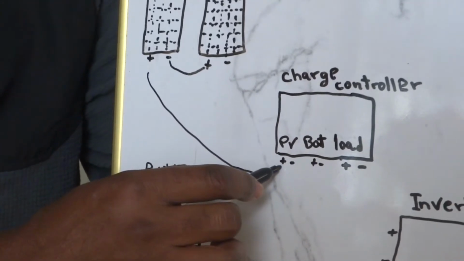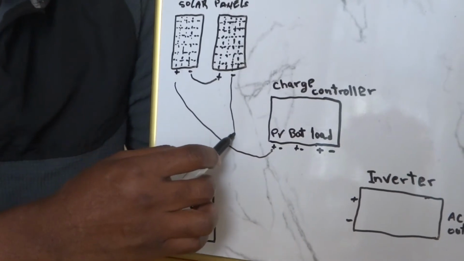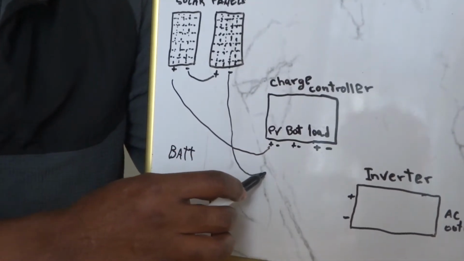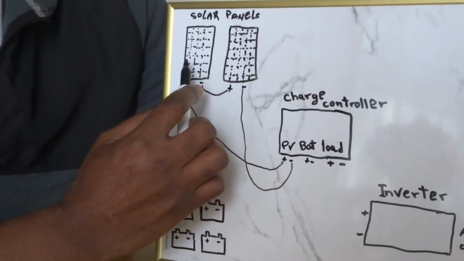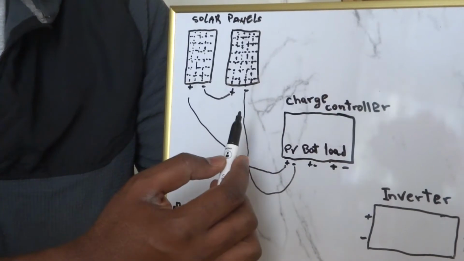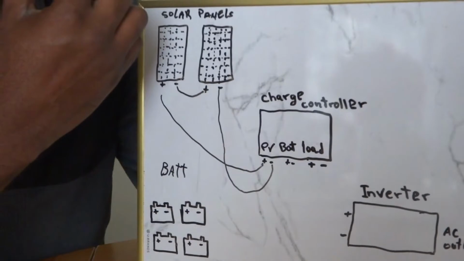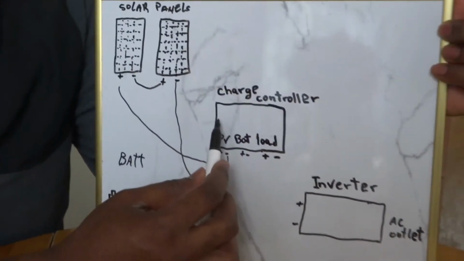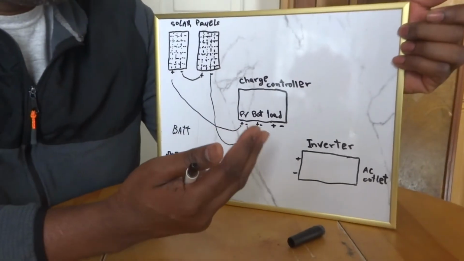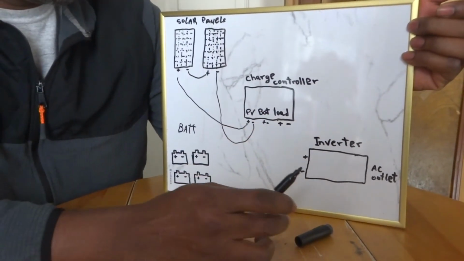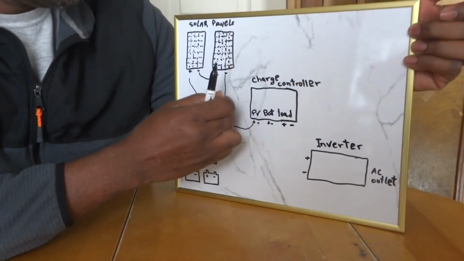Positive, respect that, it's DC, very important. And then this negative, I'm going to cross them over, but you'll figure out it's the same. Negative here, it's going to be 48 volts, for example. And then usually those charge controllers got multiple inputs, like 12, 24, 36 or 48, 60, whatever it is, but that's the point.